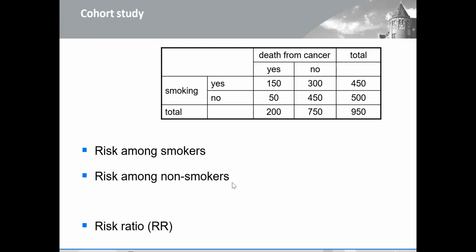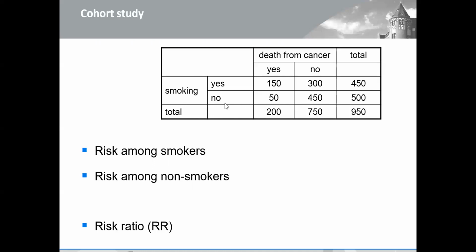So the risk among smokers. What is the total number of smokers? There were 450. Out of those smokers, how many died? 150 died. So our risk among smokers becomes 150 over 450.